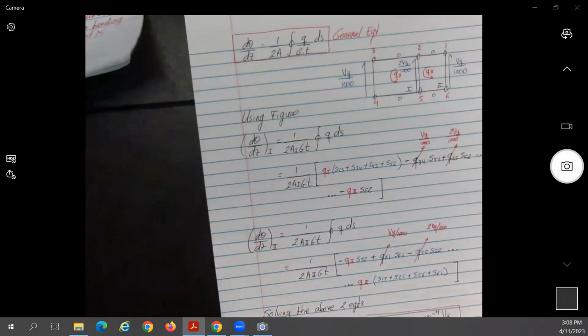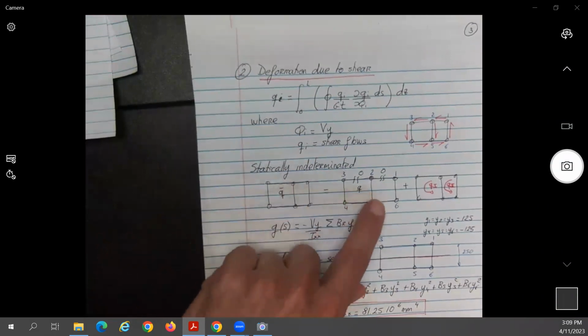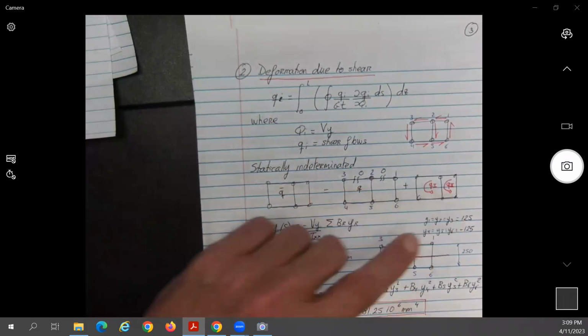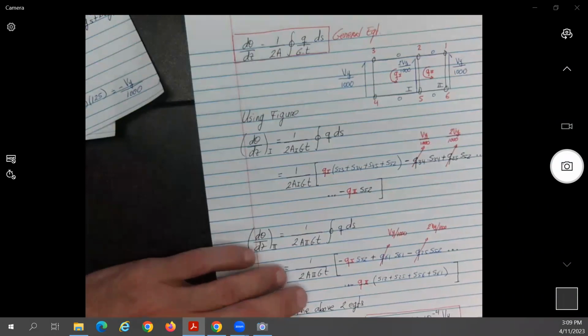We can just go back and say that Q bar 1, 2 will be equal to Q12 plus the Q2, no? Yeah? Okay, so let's see if I have some values here.